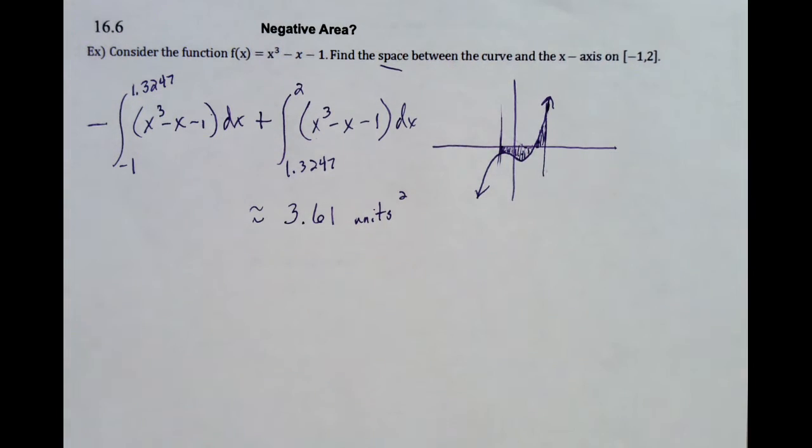But I'm curious about what John said. If I do the integral from -1 to 2 of the absolute value of x cubed... Well, it makes the negative value positive.